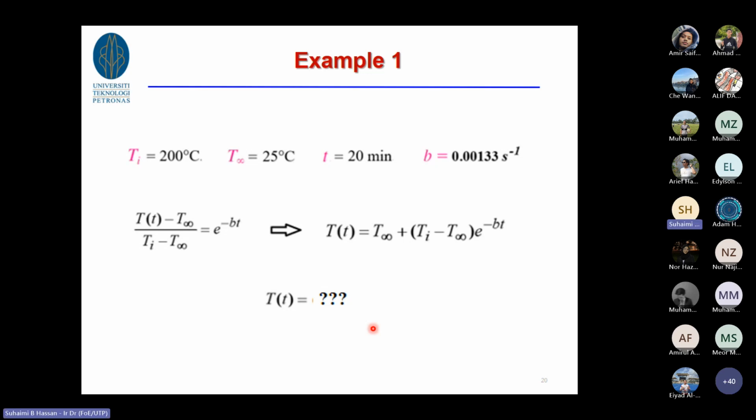Anyone can represent the others to give me the answer from this equation. The ambient is here, Ti is here, ambient is here, exponential negative B is here, T is 20 times 60 seconds. All right, take your time, calculate, give me the answer for TT.